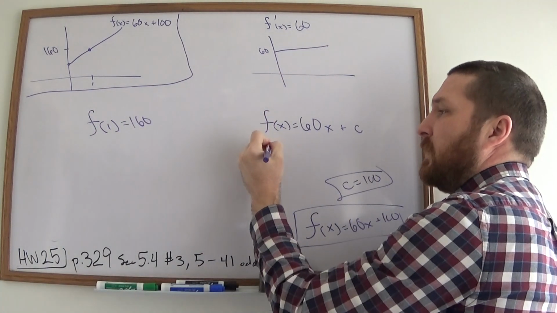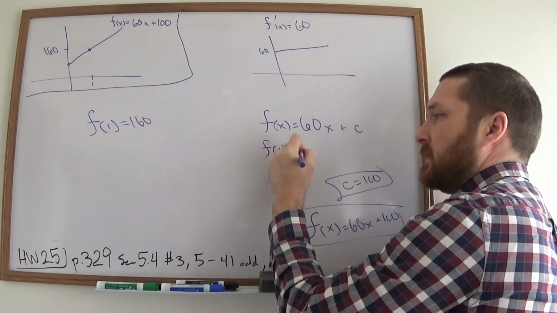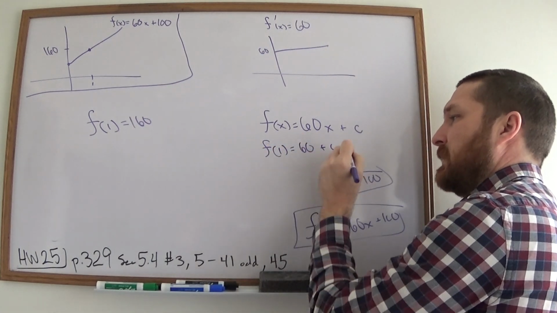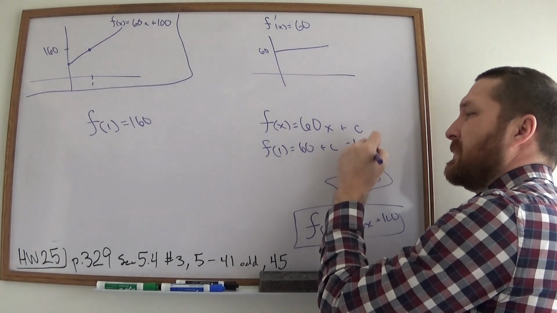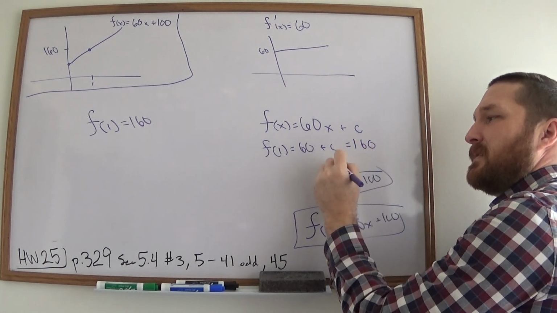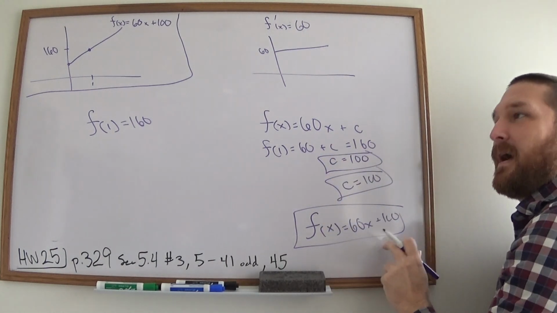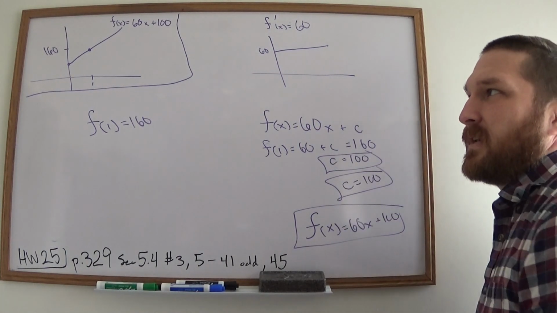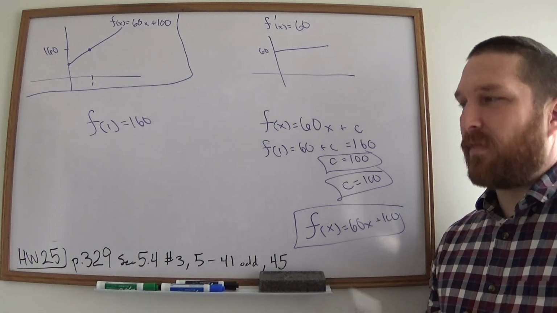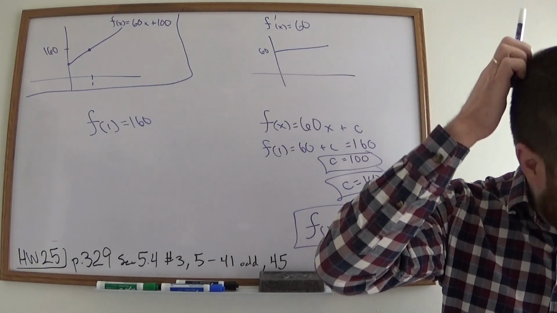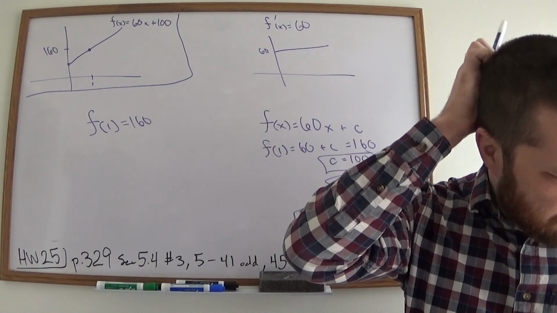So he plugs in a 1, he gets 60 times 1 plus C. That has to equal 160. Subtract a 60 off, you get C equals 100, which indeed gives us right back to where we were. So we'll be doing stuff with that another time, but it's good to go ahead and talk about it a little bit.